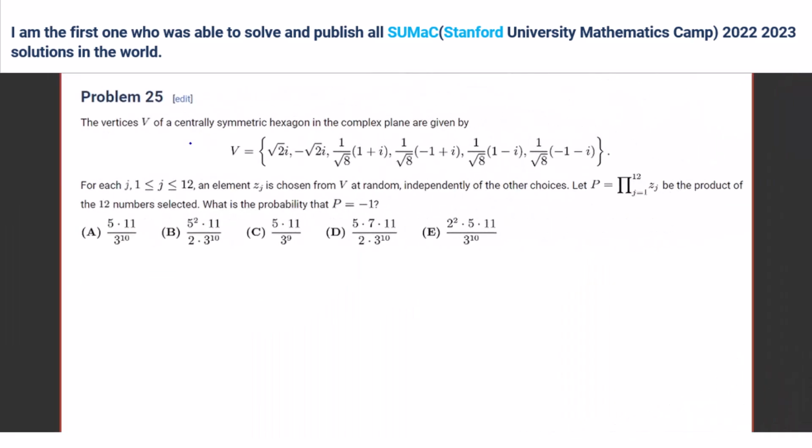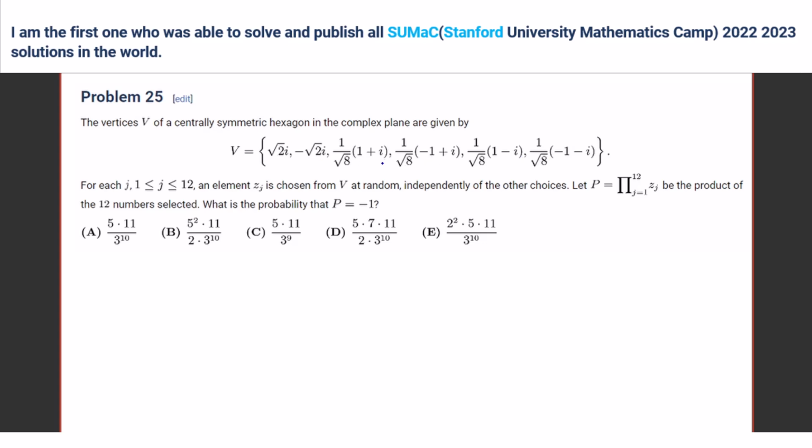The vertices V of a centrally symmetric hexagon in the complex plane are given by... okay, it is not regular necessarily, but centrally symmetric.